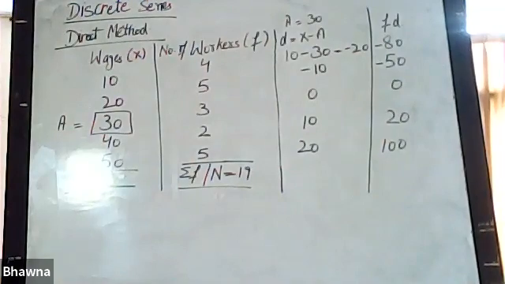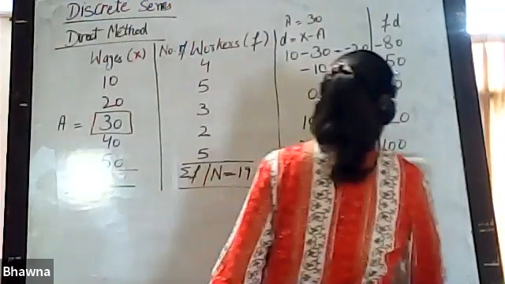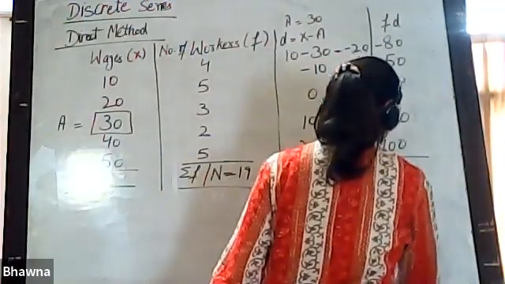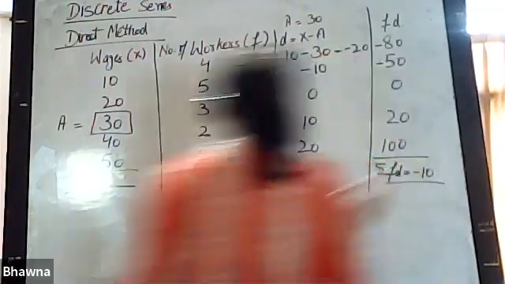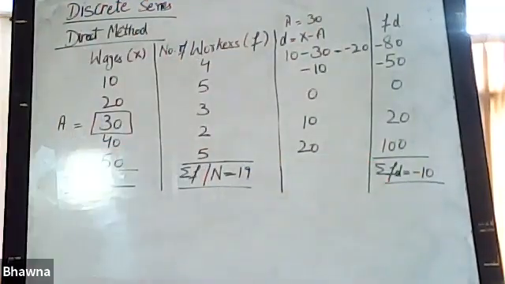So now the value of summation FD is equal to minus 10. After calculating the values of summation FD, now we have to put the formula here with the shortcut method.